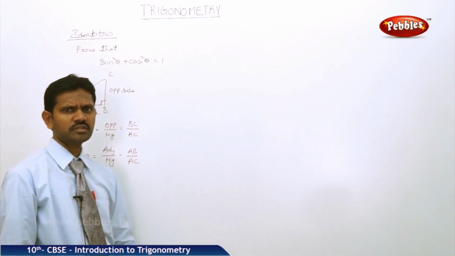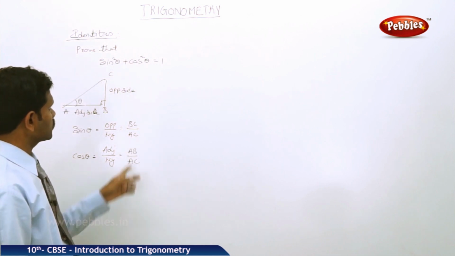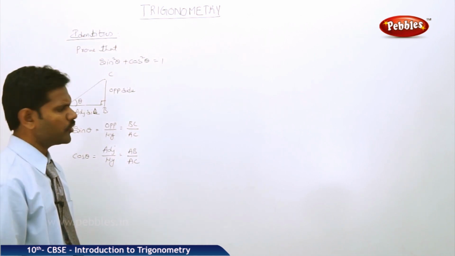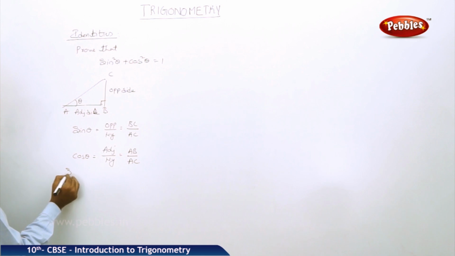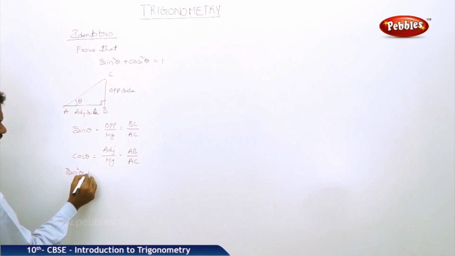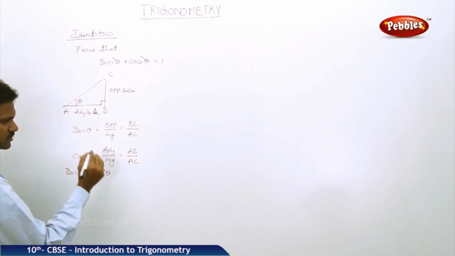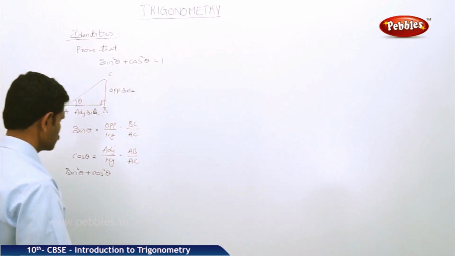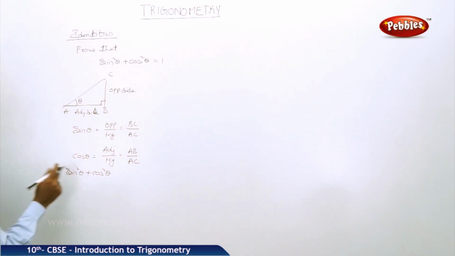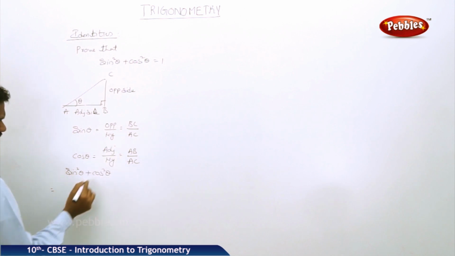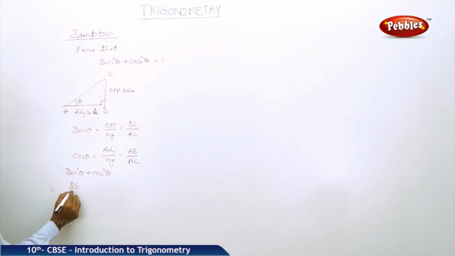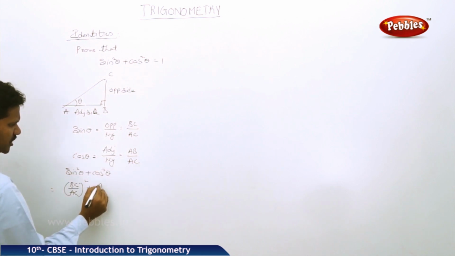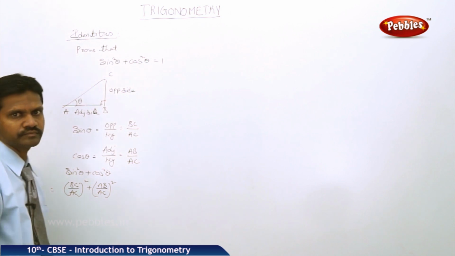Let us substitute these two values in the above formula, that is sin square theta plus cos square theta. That is equal to sin theta, which is BC by AC, whole square, plus cos theta, which is AB by AC, whole square.